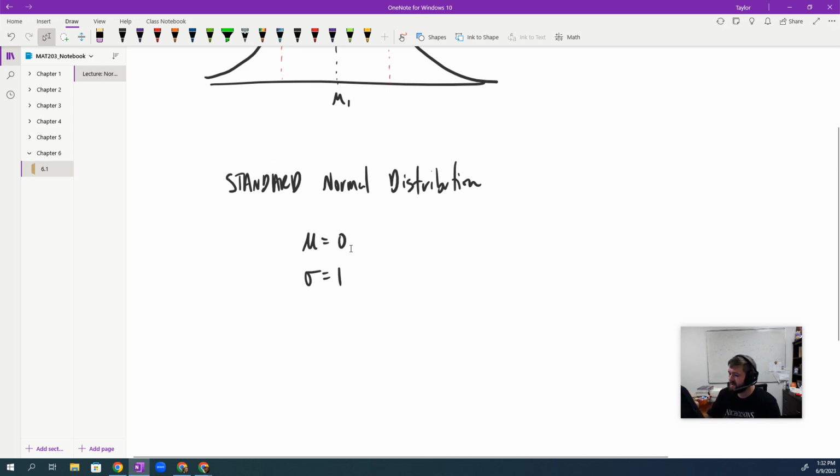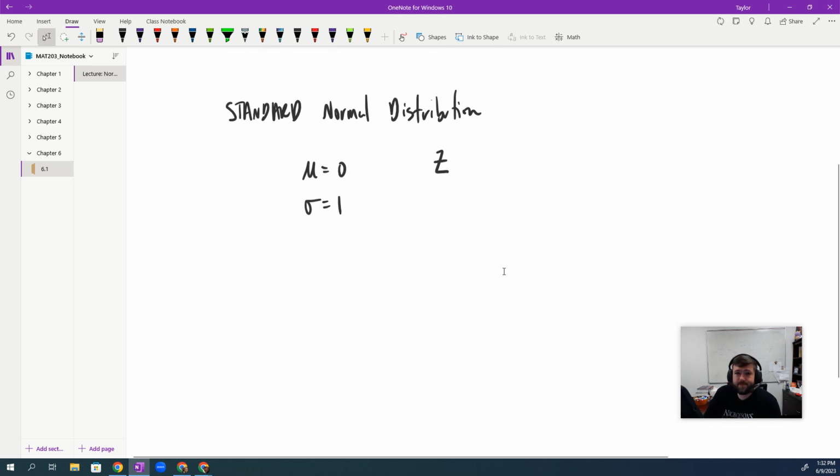Now the variable we use for the standard normal distribution is z, and I'll show you that in just a minute, a very important formula. And this actually comes in handy because by standardizing, by making everything have the same mean and the same standard deviation, we can compare data because we can see how far away it is from the mean.